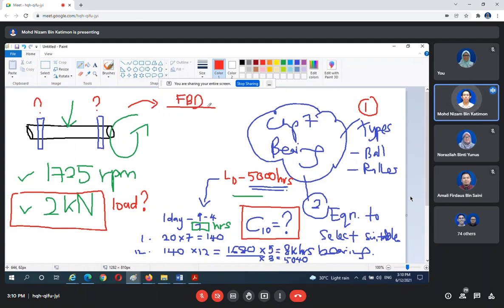If you are still not master in this area, you will find some problems.